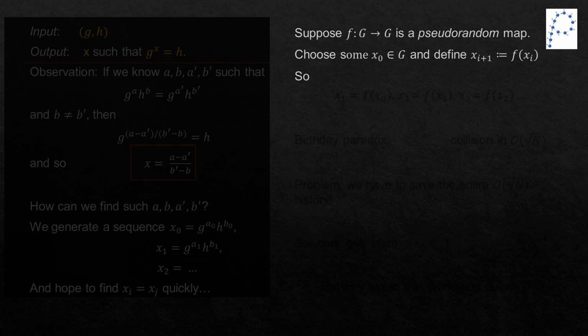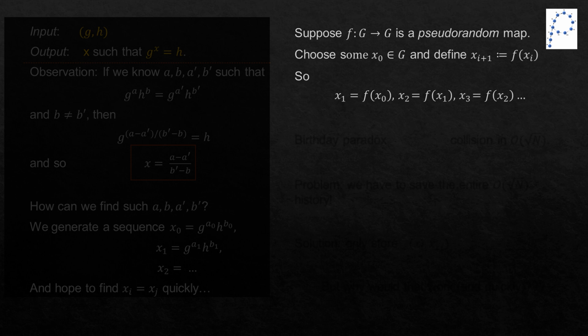So x1 is equal to f of x0, x2 is equal to f of x1, x3 is equal to f of x2, etc. The sequence that we get is random if you think of x0 as random, but it's a deterministic sequence that appears random.